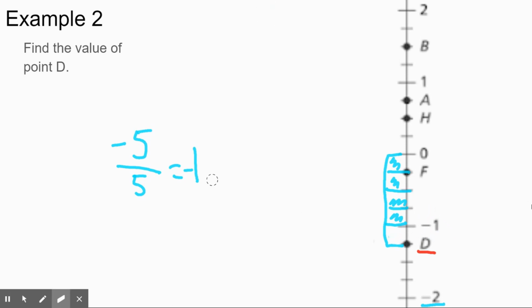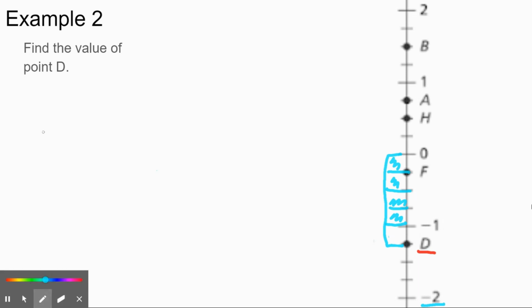Instead, what we can do is say, well, it has to be at least -1. So we can just write down a -1 to start with. And then we can just go from here. If we look at the distance between -1 and -2, we can again break that distance into fourths.